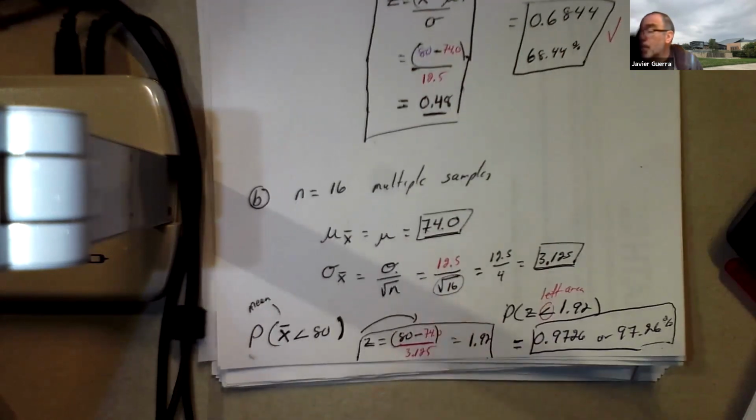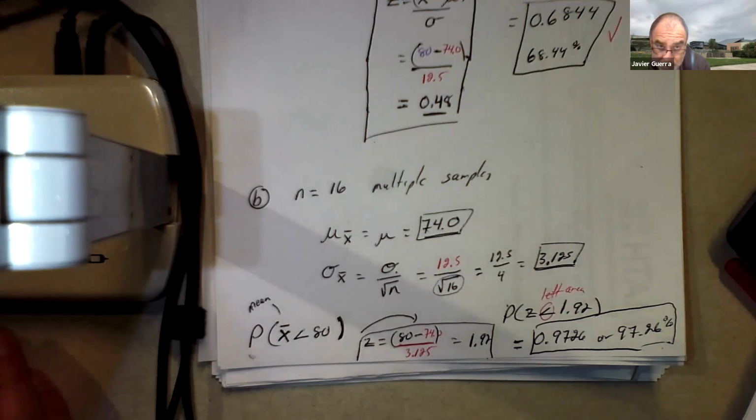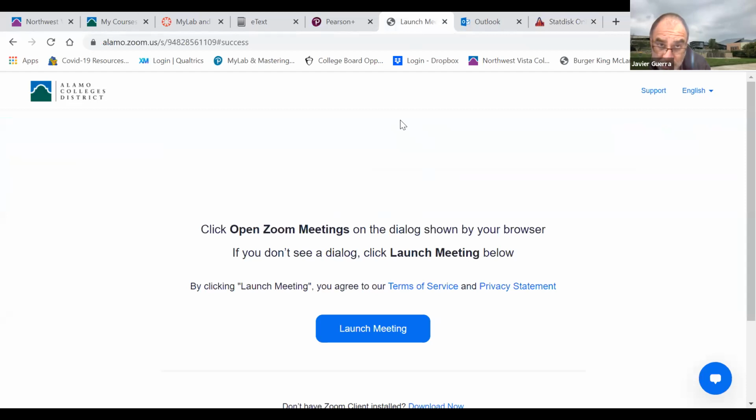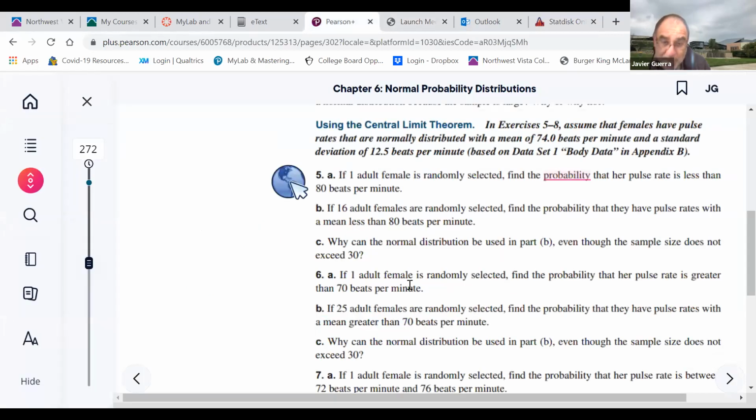So that's part B. Now, if you want to answer part C, you can, but you don't have to on your homework. They want to know why the central limit theorem can be used in part B even though the sample size does not exceed 30.